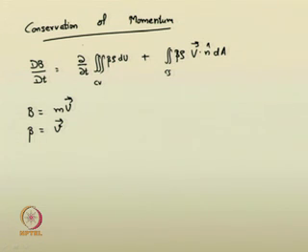That is equal to the net rate of change of momentum stored inside the control volume plus the net outflux of momentum, or the net momentum flux across the control surfaces of the control volume. So, one has to interpret the equation like this.